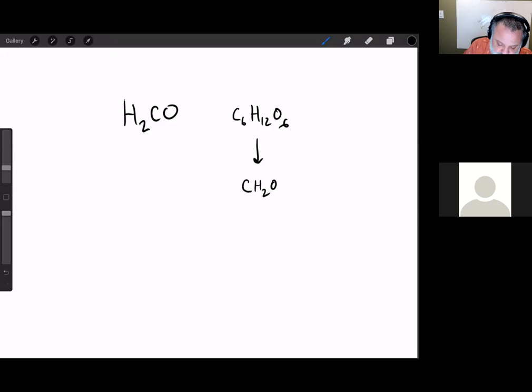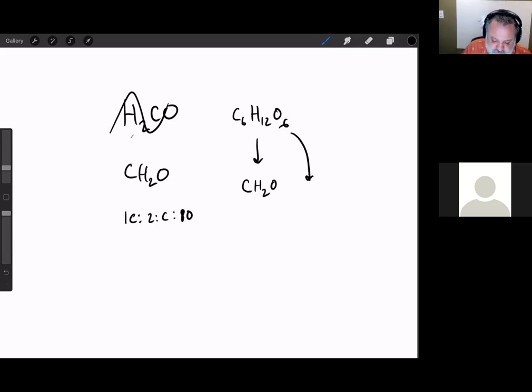And I want to rearrange this here to CH2O. Now, glucose and formaldehyde are different molecules, but their empirical formula is the same. They have the same ratio of atoms, and the ratio of atoms is 1 carbon to 2 hydrogens to 1 oxygen. And the same is true with glucose.